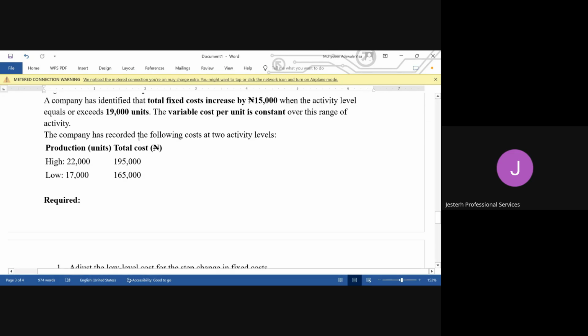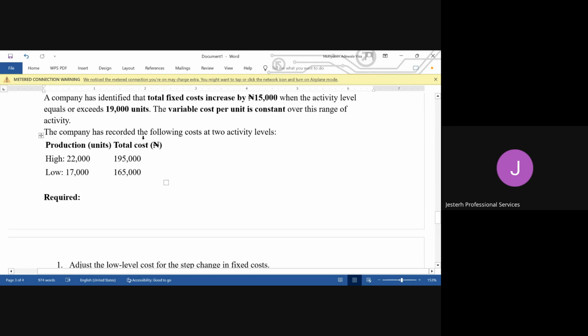Now, the company has recorded the following costs at two activity levels. In this one, they decide to give us the high and low level of activities directly. It's not that we are going to be the ones coming up with which one is high and which one is low.